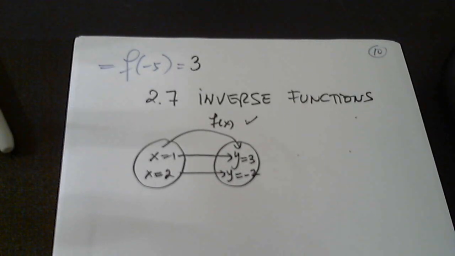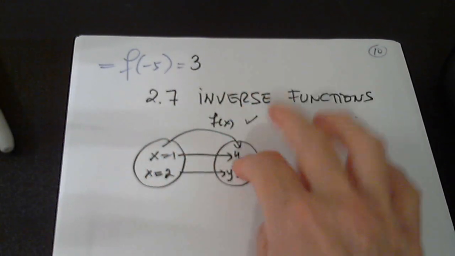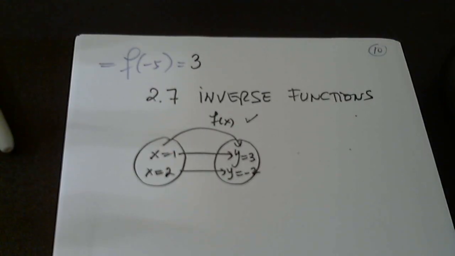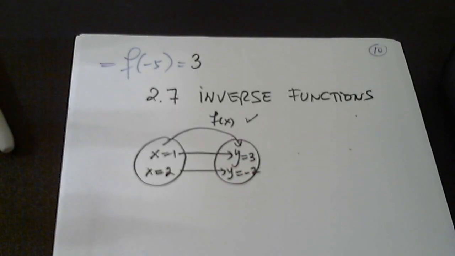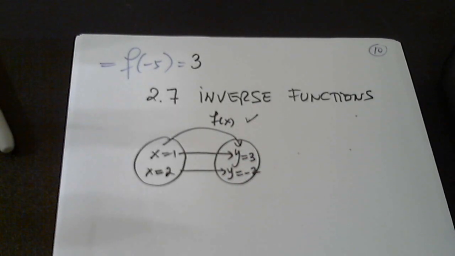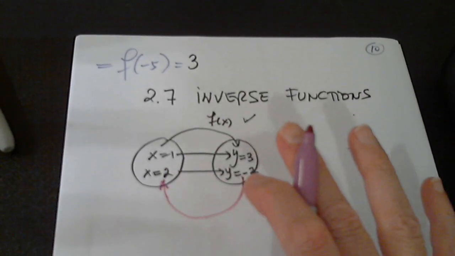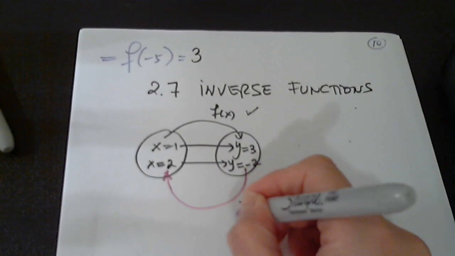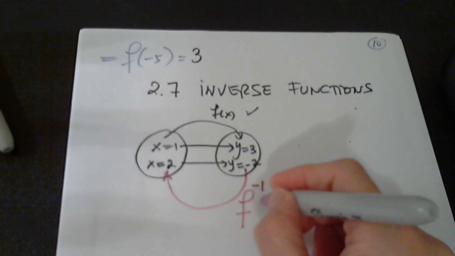I would like to be able to, just imagine we go from Baltimore to New York, and we want to go back from New York back to Baltimore. So the function f takes us from Baltimore to New York, and we want an inverse function to bring us back. What does this mean? Here's the notation: f with a power of -1 of x.